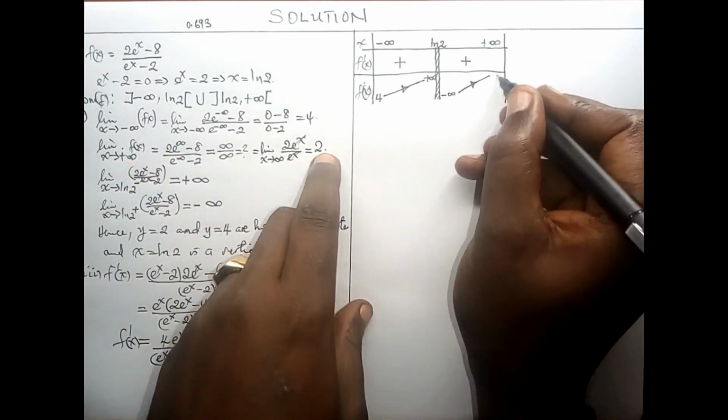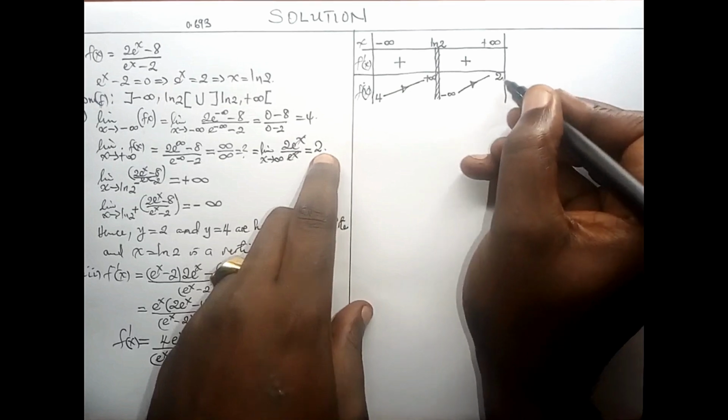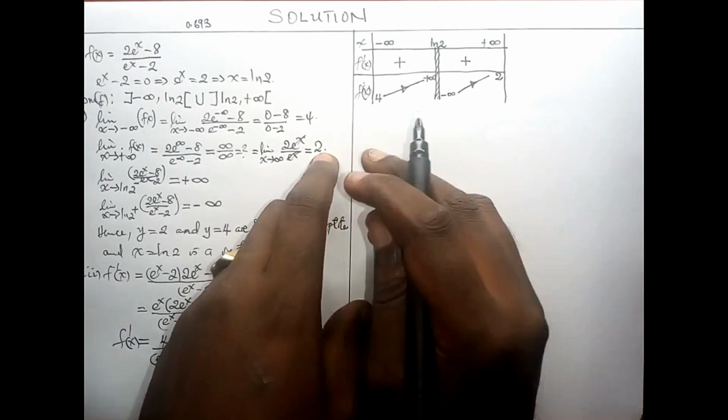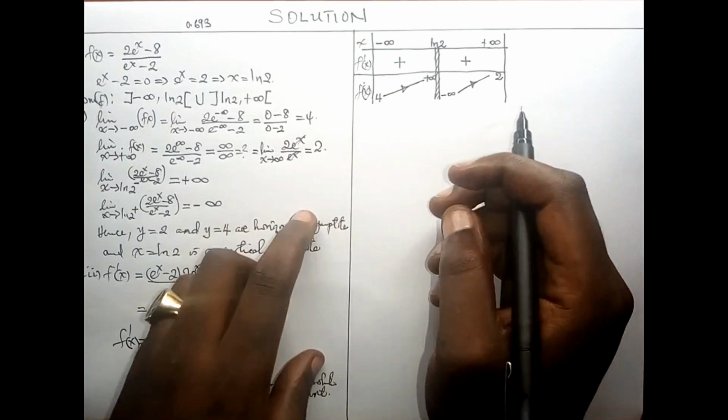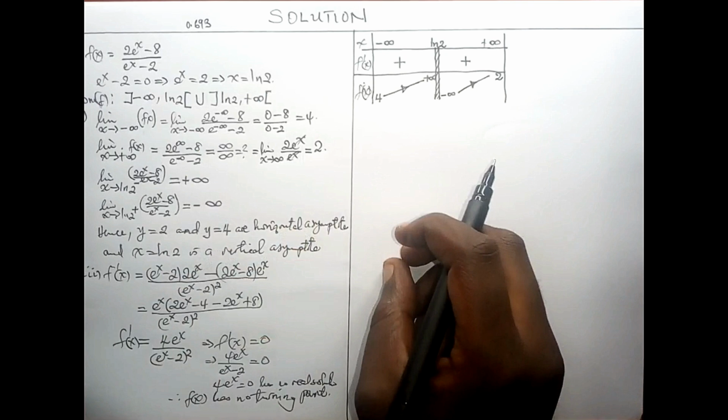Now, the next part says we should determine the coordinates of the points where the curve y equals f of x crosses the coordinate axis.